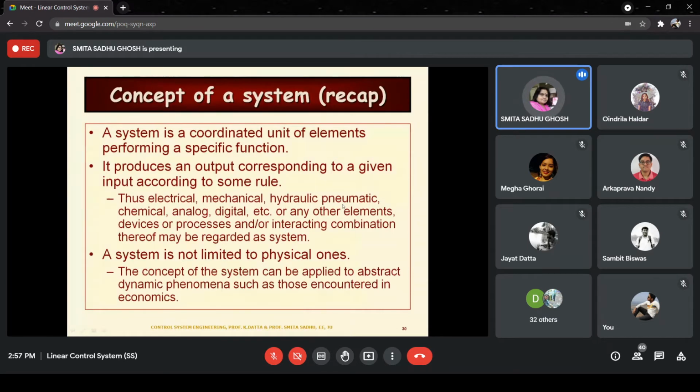Incidentally, who can tell me what is pneumatic? What does this term mean? Pneumatic?